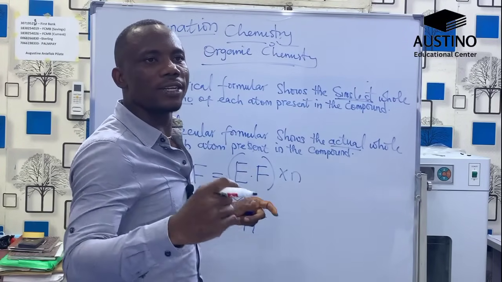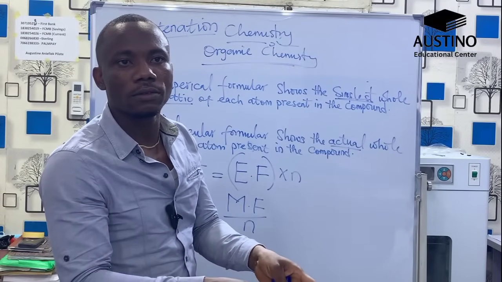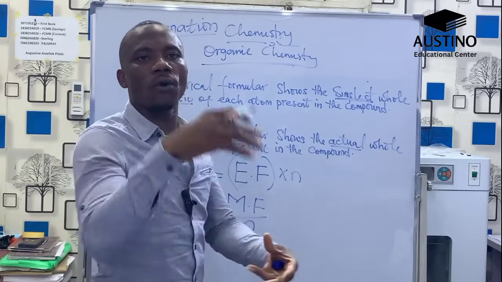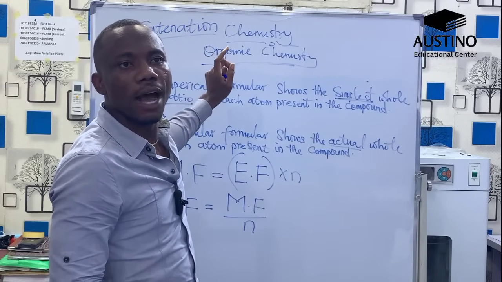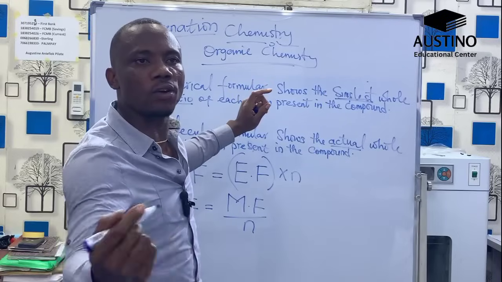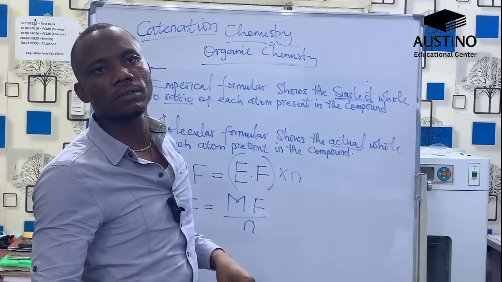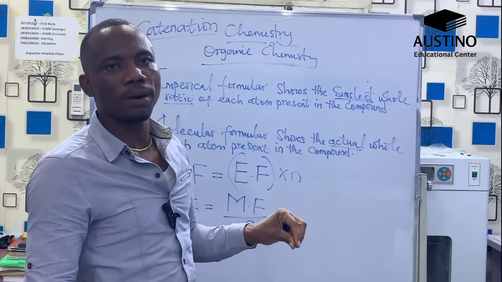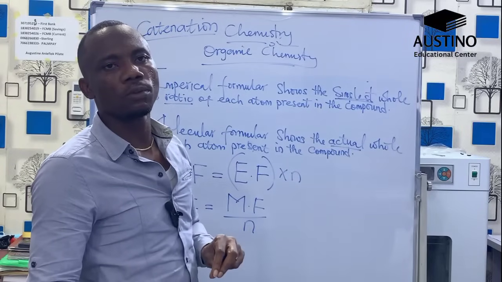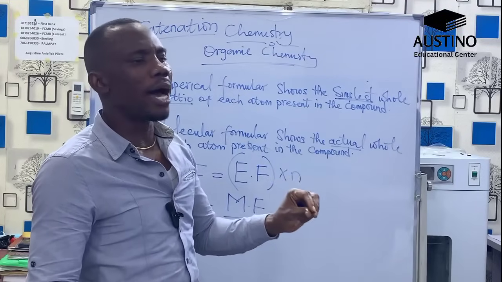Catenation is like the bedrock of organic compounds. That is why carbon becomes the unique element in organic compounds. Without carbon, that compound ceases to be called an organic compound. And carbon can only do that with catenation.